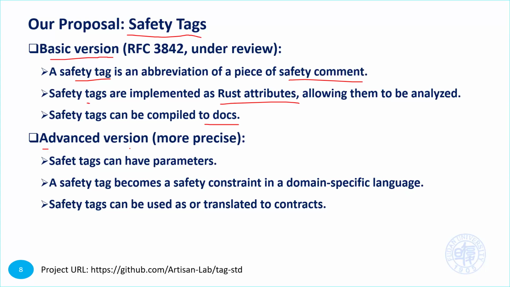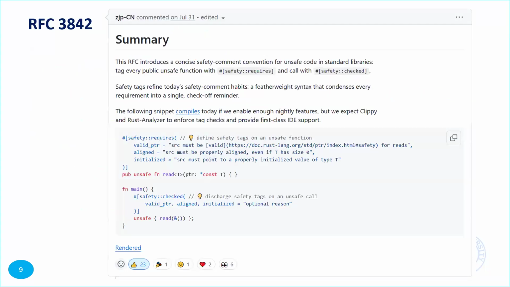There is also an advanced version which is more precise because the safety tag can have parameters. The safety tag in this way can become a safety constraint in a domain-specific language, and it can be translated into a contract. The basic version we have submitted as an RFC to the community, and it is currently under review, and we have received many positive feedbacks.